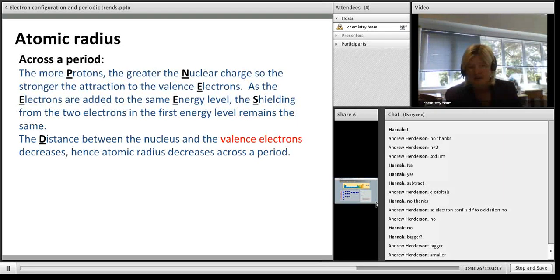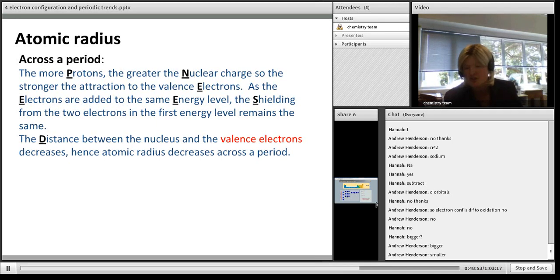Okay, right. This is the type of answer you've got to give for an explanation of why the atomic radius changes across a period. If I'm comparing, say, sodium with chlorine, you can't just say chlorine is smaller because it's on the right-hand side of the periodic table.